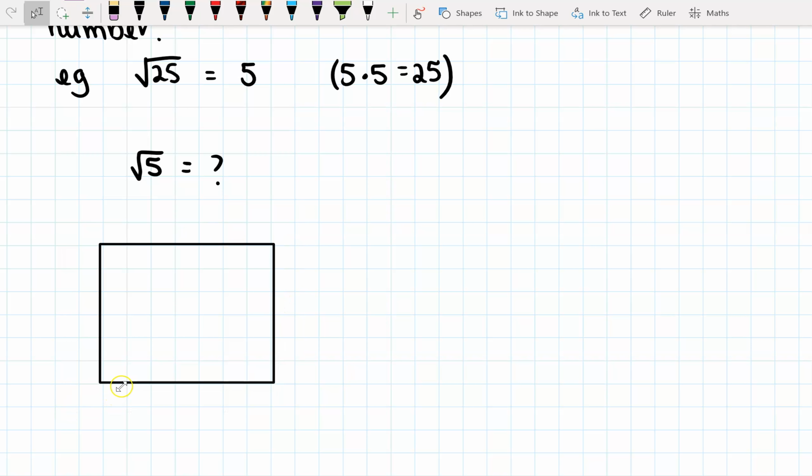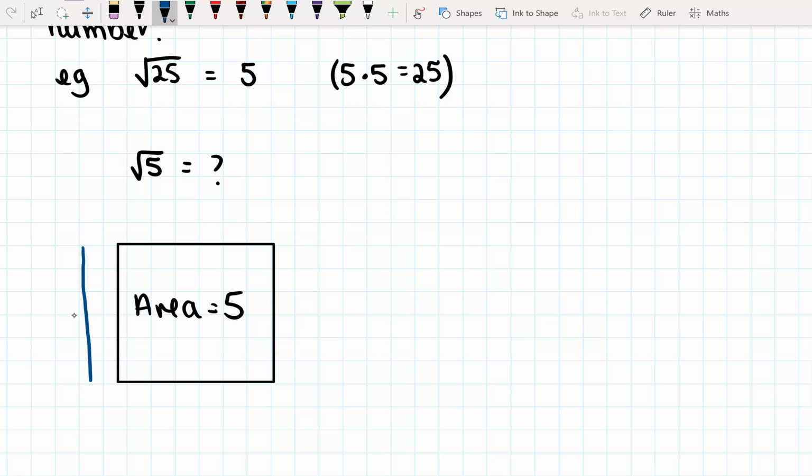So a square like this, and with that square, the area is 5. If we have a square with an area of 5, then what are the lengths of its sides? The length of this side is the square root of 5. The length of this side is also the square root of 5. So this is what the square root means in practical terms.